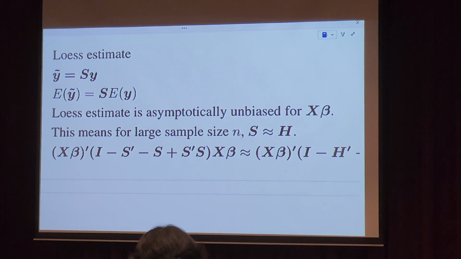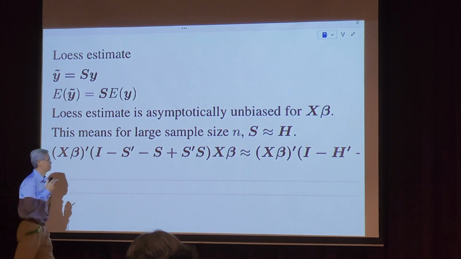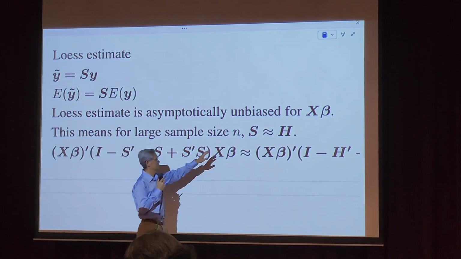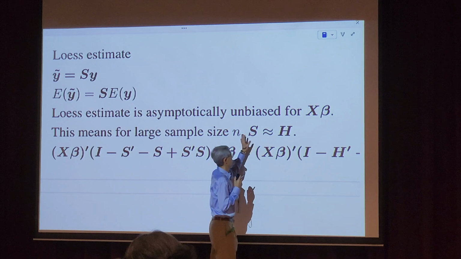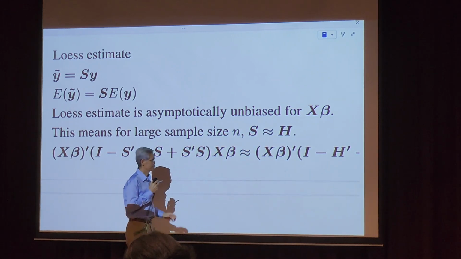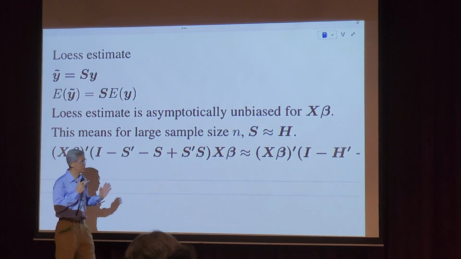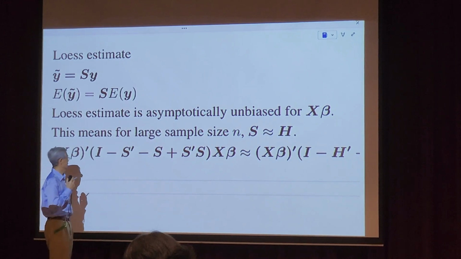This is theoretical: this loess estimate is asymptotically unbiased. Researchers have proved that. The proof is non-trivial. It means that for large sample size n, these two matrices will be similar. S will somehow converge to H.